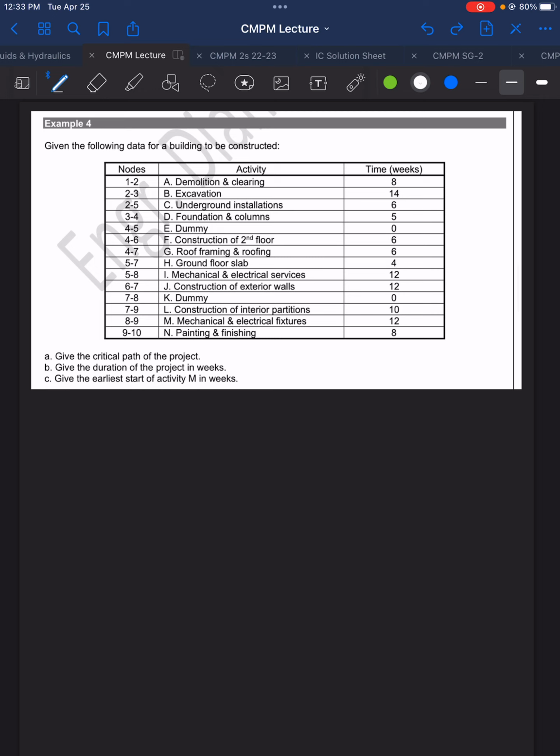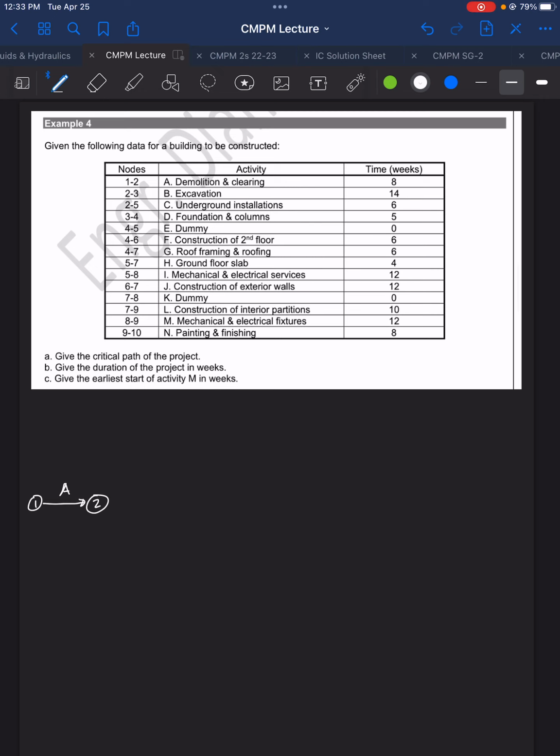Okay, so for activity A, we have node 1 to 2. And then for activity B, this is node 2 and 3.